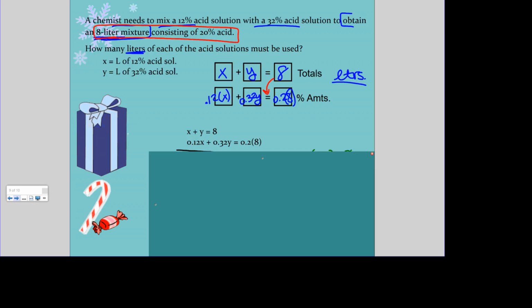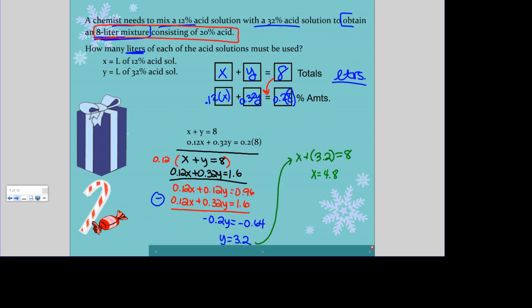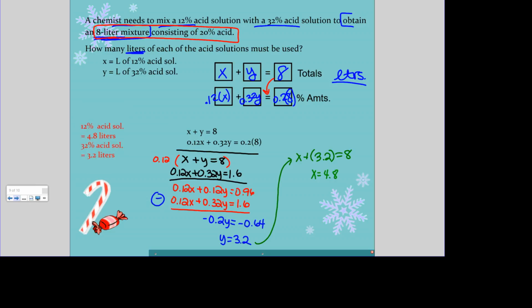Okay, we should be getting X to be 4.8, Y to be 3.2, telling us how many liters of each we'll need for this mixture. So again, this one we were given the total amount of liters. We didn't know the parts, so that followed the basic structure we were following for most of the examples today.